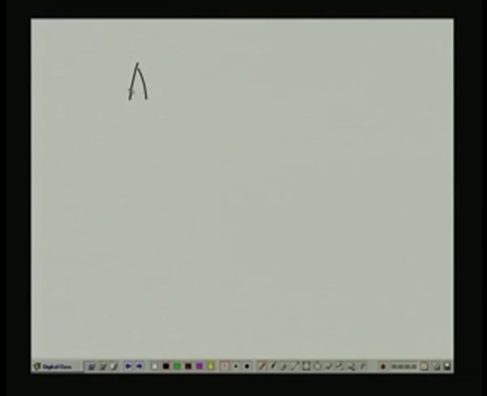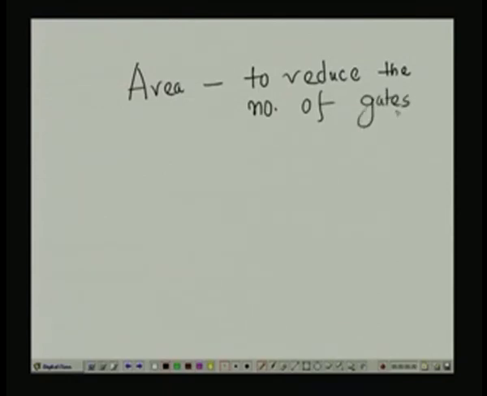Area means we always try to reduce the number of gates, as well as we try to realize the circuit with minimum input gates.